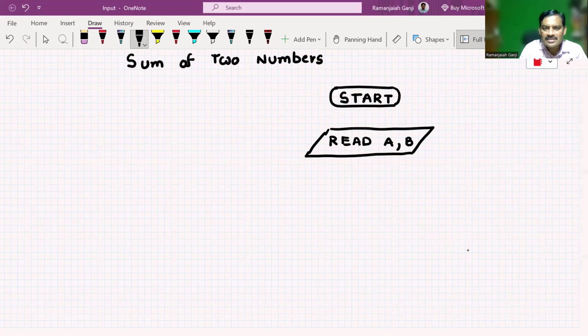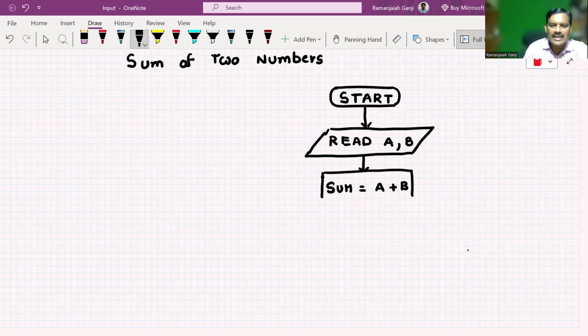First one is start. Second one is read A, B. Third one is you need to calculate the sum value. Sum is equal to A plus B, which means that A and B values are calculated and the result will be stored in sum.